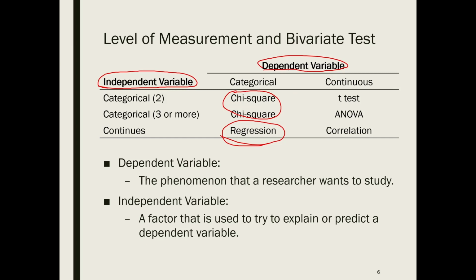If the dependent variable is a continuous variable and the independent variable is a categorical variable with two categories, then we are going to use the t-test. Very common that you will see this, especially in psychology or medical clinical trials. Or if the dependent variable is a continuous variable and the independent variable is a categorical variable as well, but has three or more categories, then we are going to run an analysis called ANOVA.